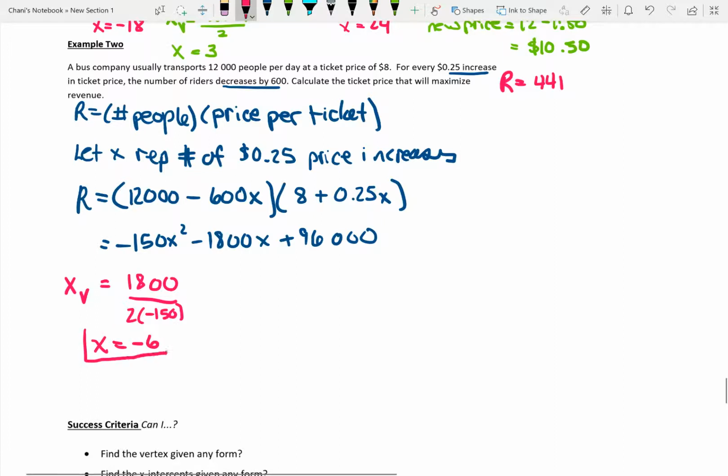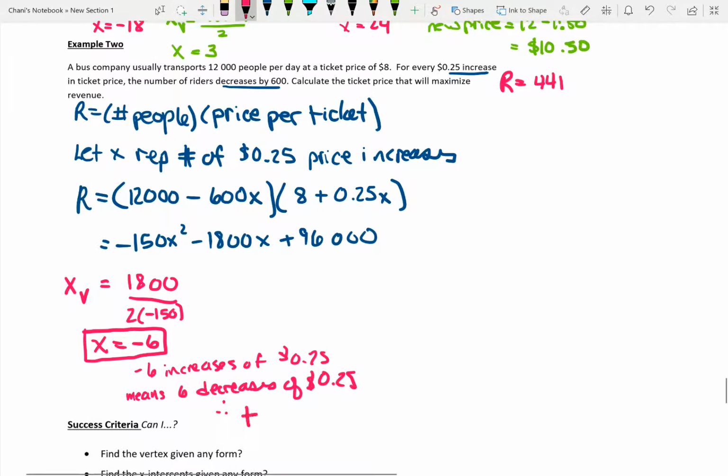So you might think you made a mistake because you got a negative number, but negative 6 price increases just means 6 price decreases. So it does have validity within this scenario. So negative 6 increases of 25 cents means 6 decreases of 25 cents.